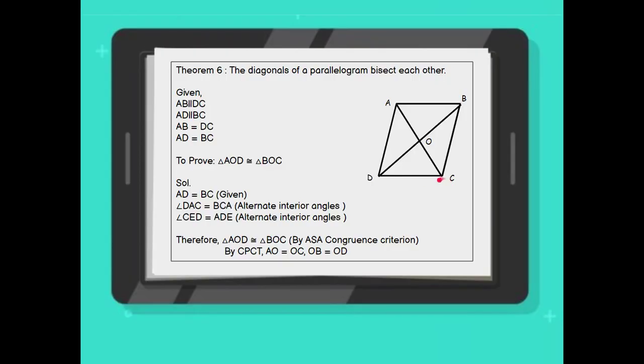So therefore, I have proved that two pairs of alternate interior angles are equal, and AD is equal to BC. So by the angle side angle congruence criteria, triangle AOD is congruent to triangle BOC. And by corresponding parts of congruent triangles, or CPCT, I can say that AO is equal to OC and BO is equal to OD, which means that the diagonals bisect, or halve, each other.